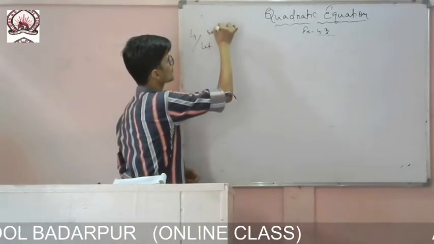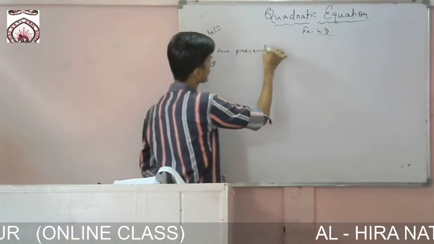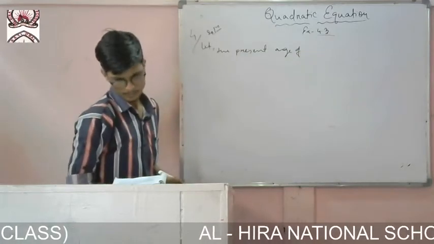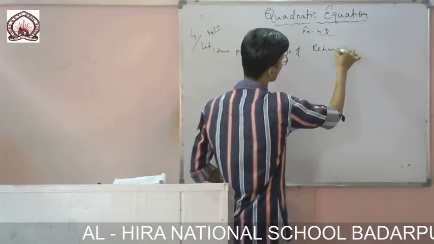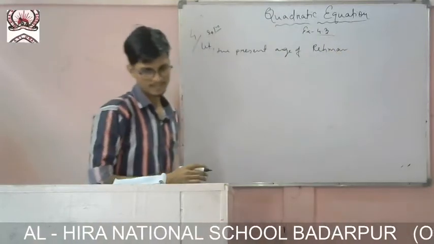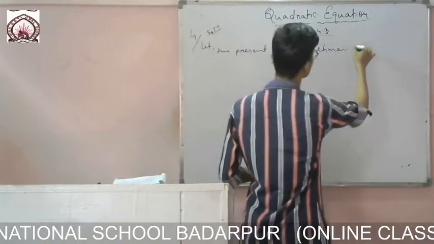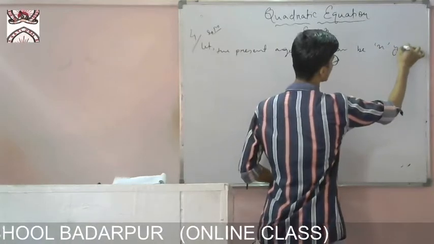So solution: let the present age of Rahman be x years.